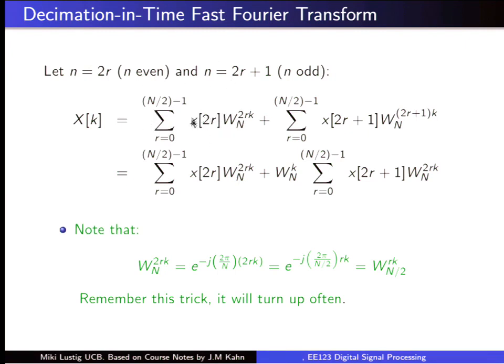So I get the sum of x of 2r times W sub N to the power of 2rk. And here I get the sum over r's as well, of x of 2r plus 1, times W sub N to the power of (2r plus 1) times k. So I just replaced that.